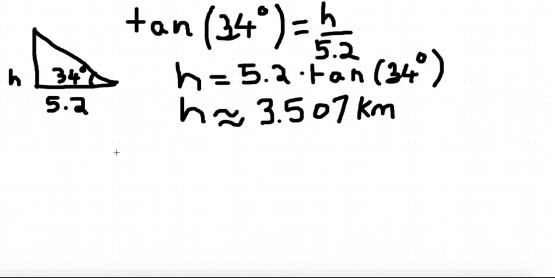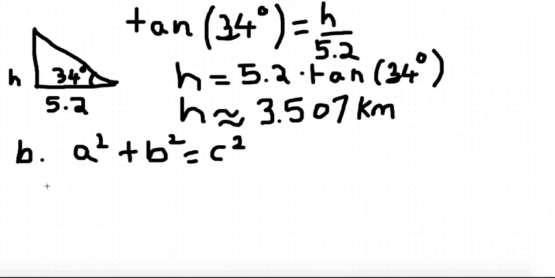Part B asks how far is the missile from the observer, which is also just the hypotenuse. And to solve the hypotenuse, you use the Pythagorean theorem, a squared plus b squared equals c squared. A squared plus b squared, the side legs, equals the hypotenuse squared.